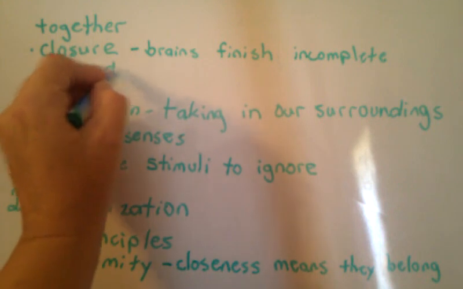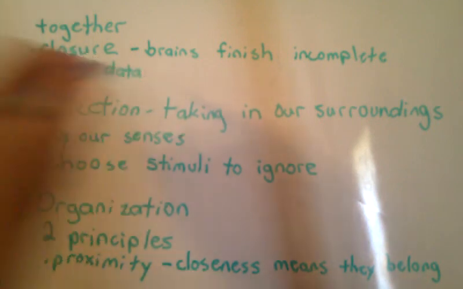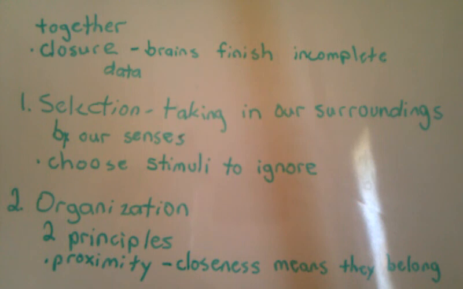We'll just put it like that. If you see a drawing of a partial circle, your brain tries to finish it. If you hear a song on the radio and you don't get to hear the end because of a commercial, your brain tries to finish it. So your brain finishes incomplete data.